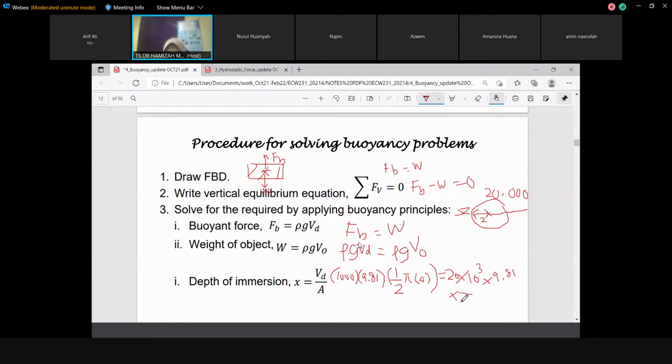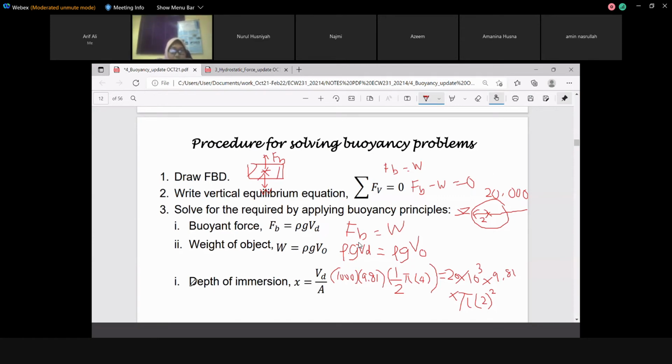Okay, pi r squared. Okay, like that. So for FB, the volume is the submerged volume. For the weight, the full volume of the object.